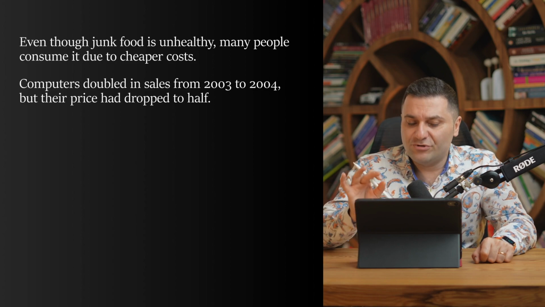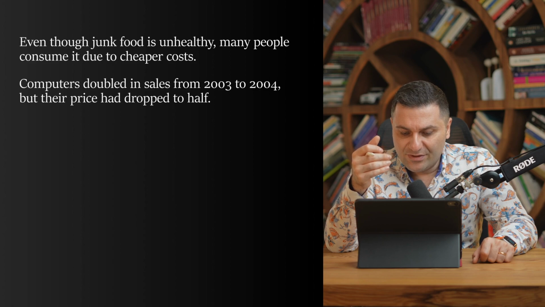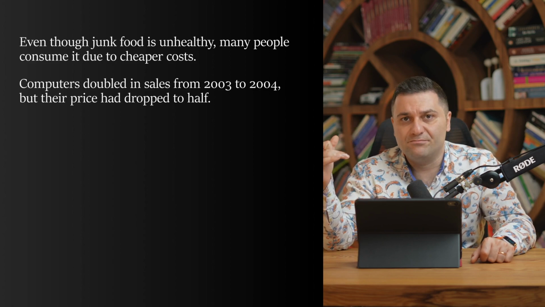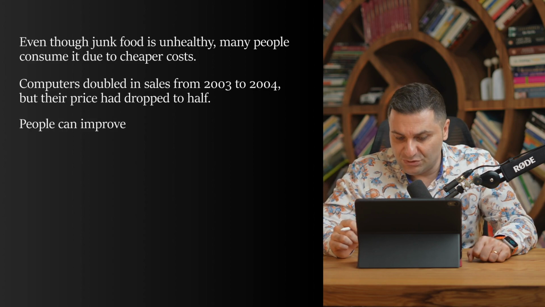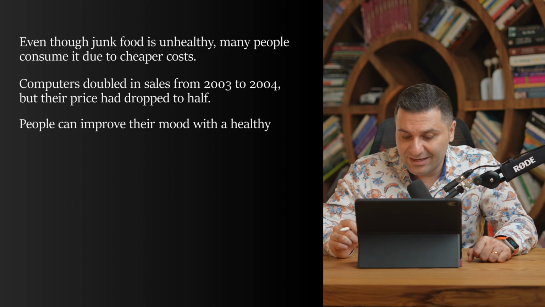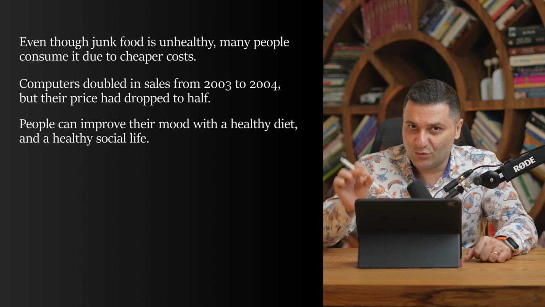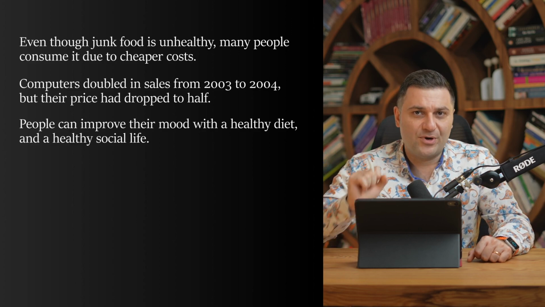The third rule is to use commas to separate the items in a list. So we have a list and there are some items. For example, people can improve their mood with a healthy diet, exercise, and a healthy social life. So between each of these items, we use a comma.